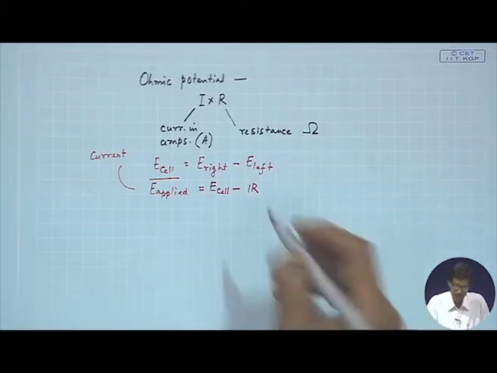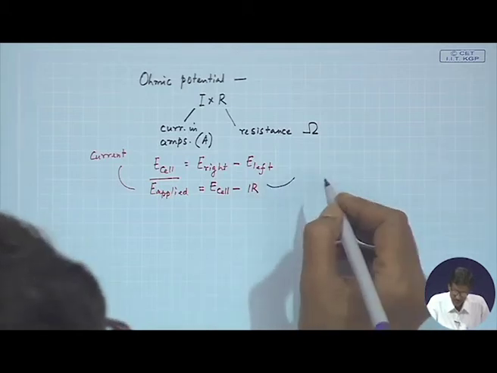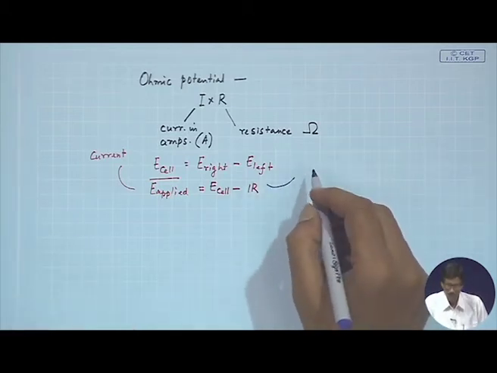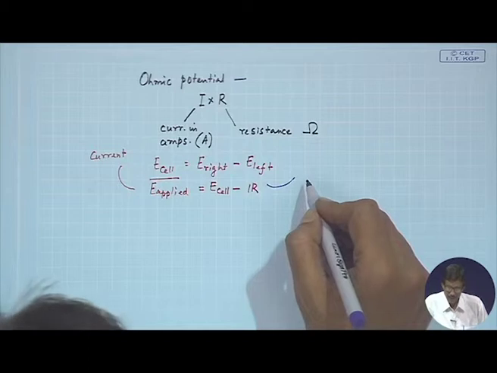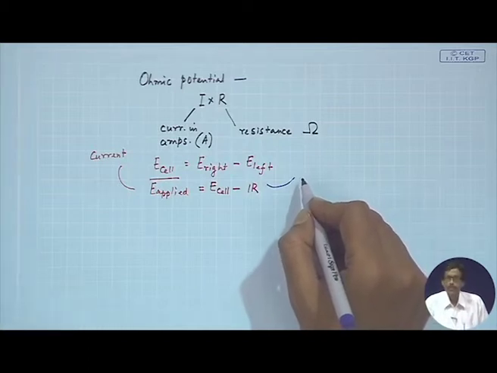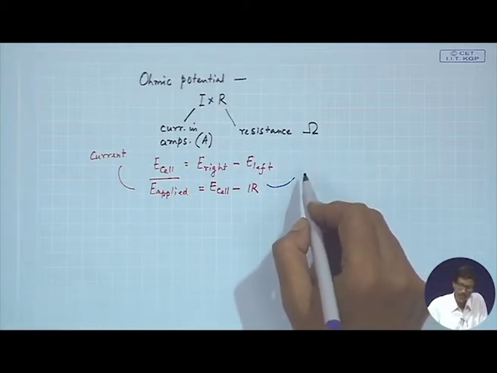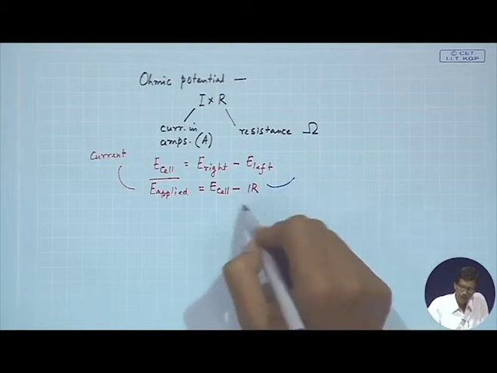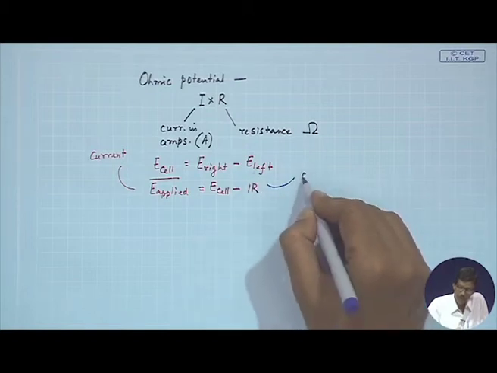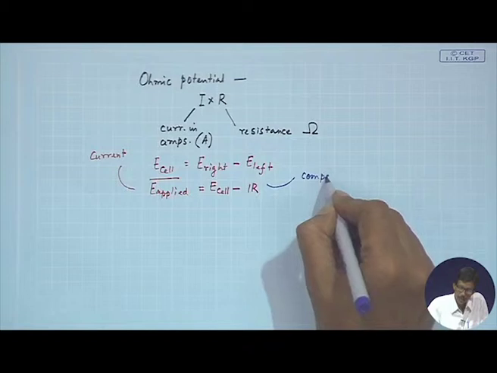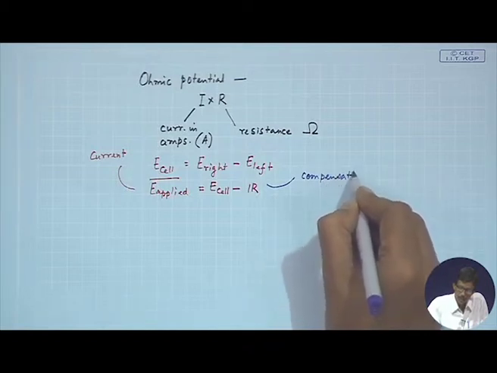So, we will find this out, and when we discuss cyclic voltammetric measurements, another electrochemical technique, this particular one we can consider as IR compensation.